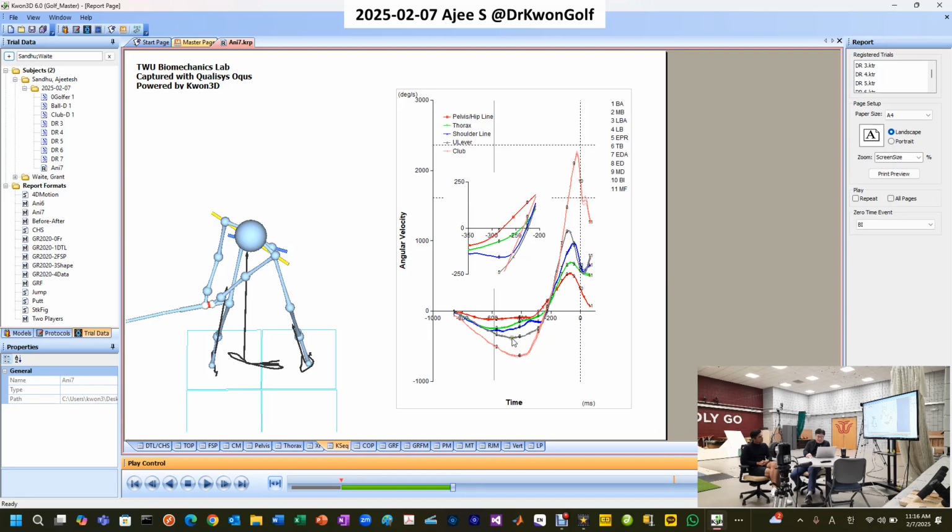And then here are the arms, and then the club. The club peak angular velocity is happening in the second half here, which is good. But the body motion is reaching peak a bit earlier. And then in the transition sequence, because you have relatively more time here, it has to be a gradual slowdown.